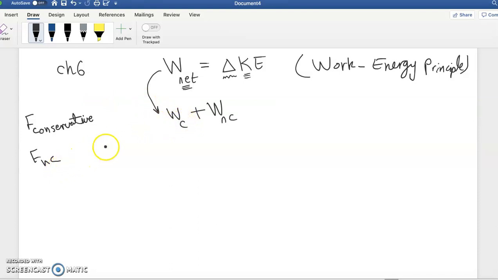The non-conservative will produce non-conservative work. What is the most famous example of a conservative force? The gravitational force. What is the most famous example of a non-conservative force? The friction force. All right? So the work due to all of them is equal to the change in the kinetic energy.